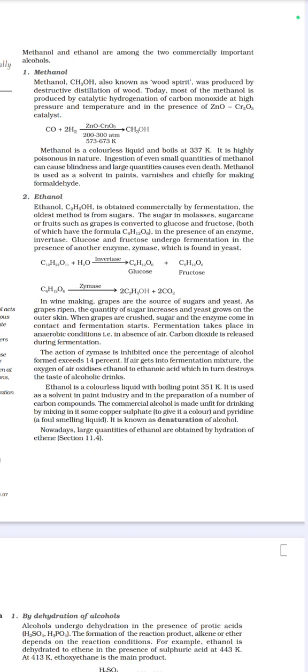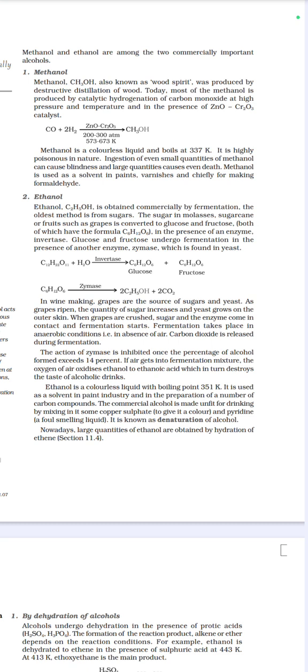Ethanol, C2H5OH, is obtained commercially by fermentation. The oldest method is from sugar. The sugar in molasses, sugarcane or fruit such as grapes is converted into glucose and fructose, both of which have the same formula, C6H12O6, in the presence of an enzyme invertase.